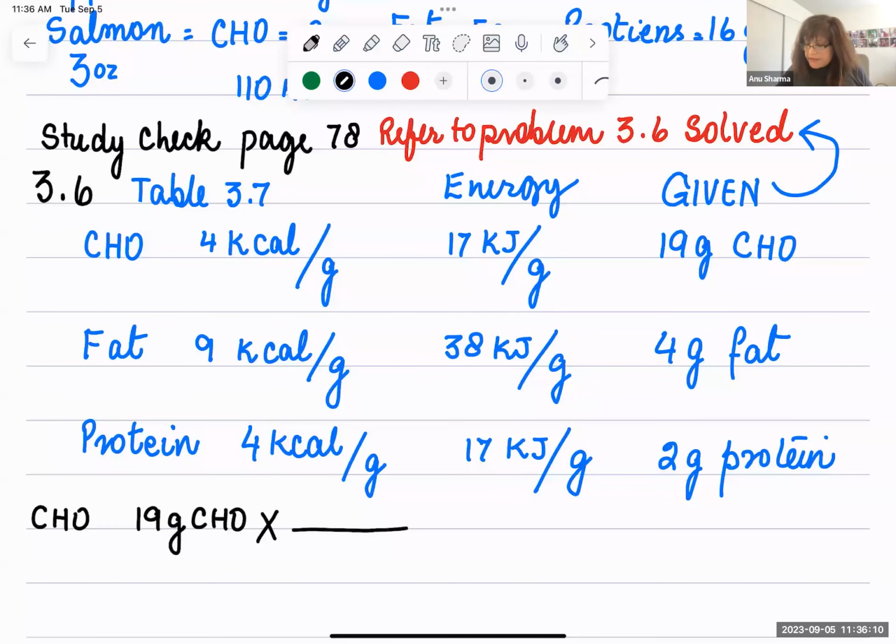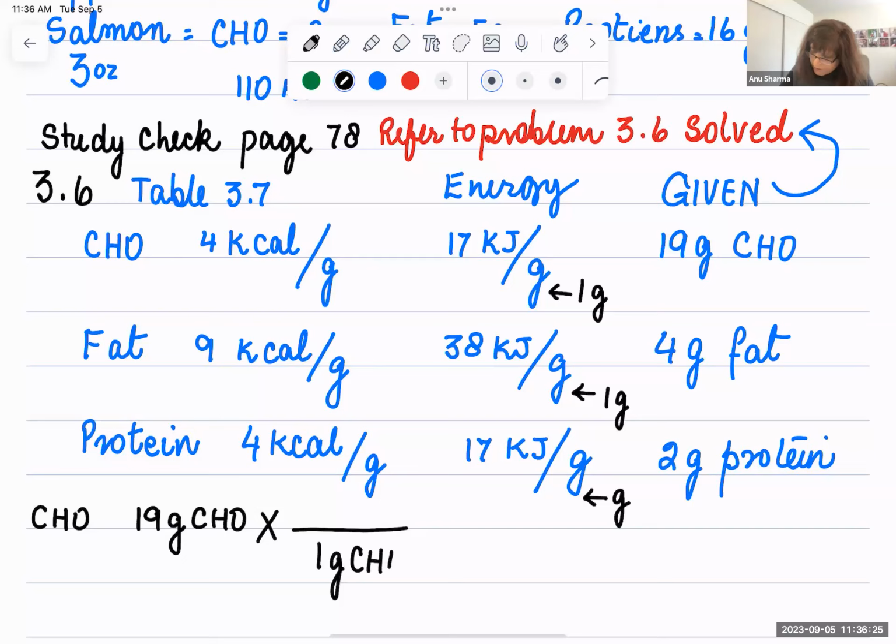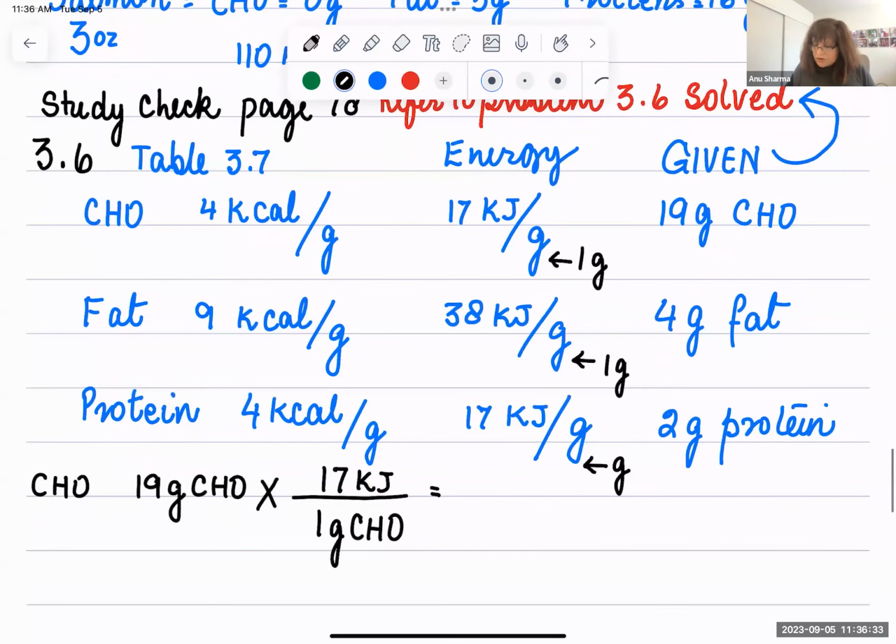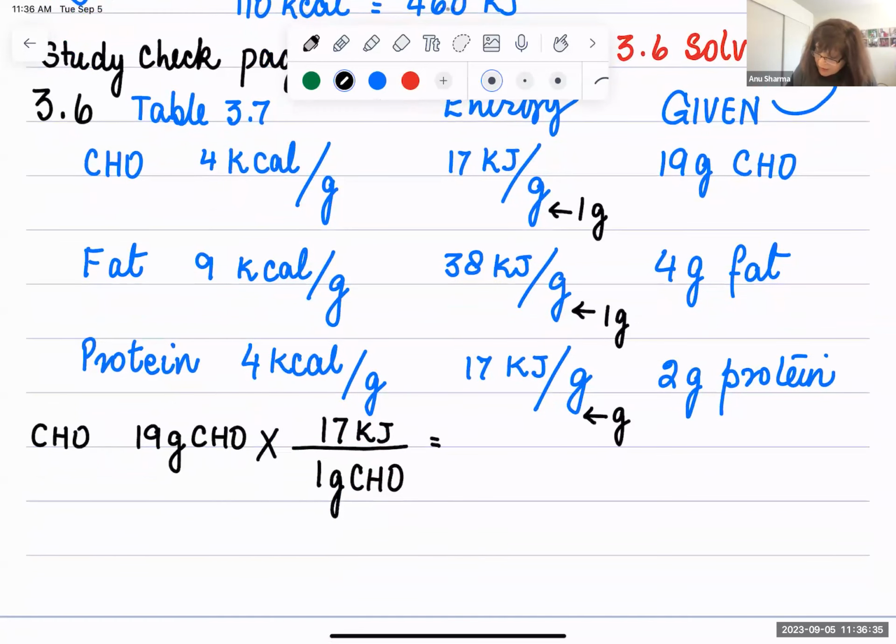Remember, per means 1 gram. So 1 gram of carbohydrate gives you 17 kilojoules of heat. So how much will 19 grams give you? This is how you set it up.